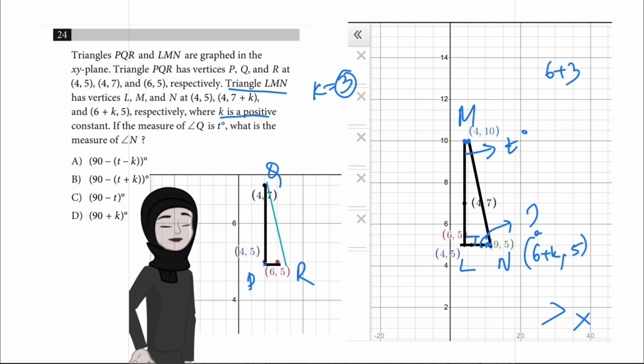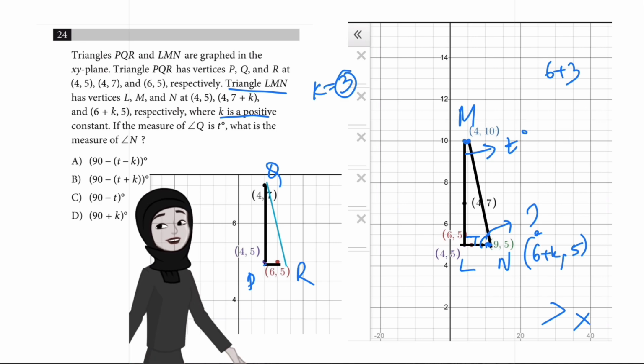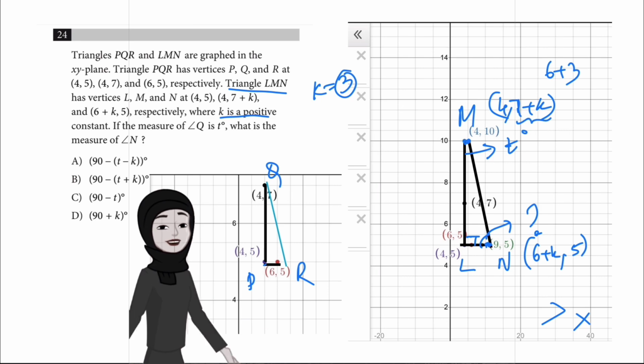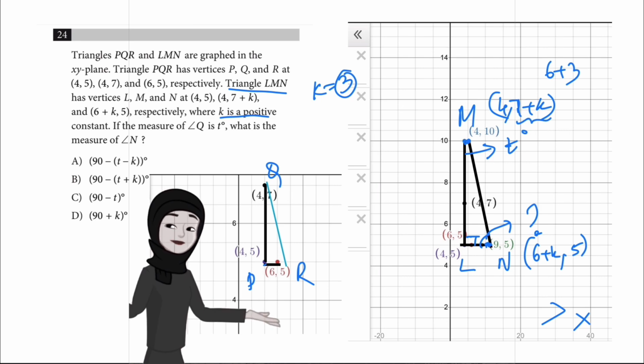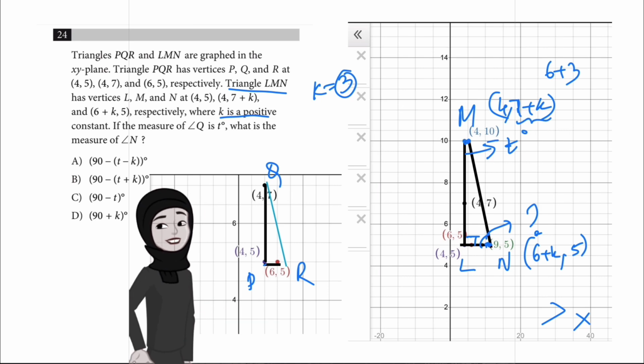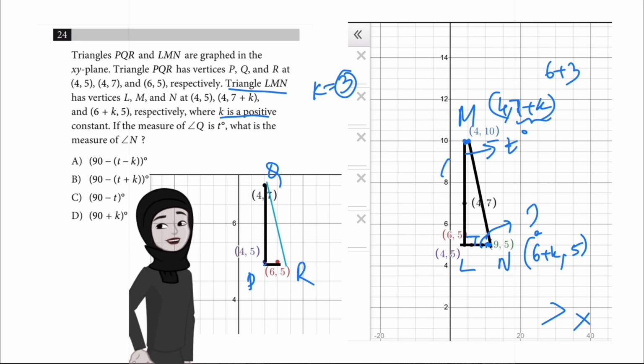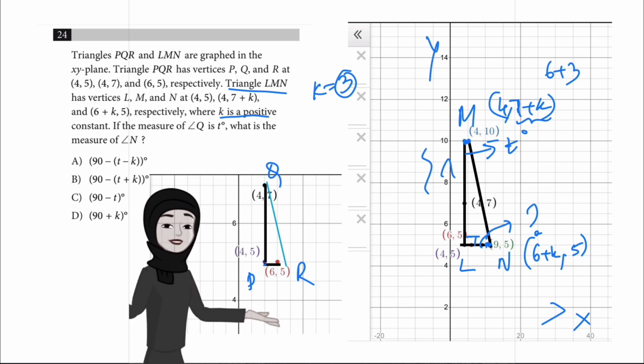Since L is (4, 5) and M is (4, 7 plus K), for representational purposes I have just assumed K to be 3. So I plotted (4, 10) just to visualize what it would be if K was 3. Side LM is parallel to the y-axis and has a length of K plus 2.